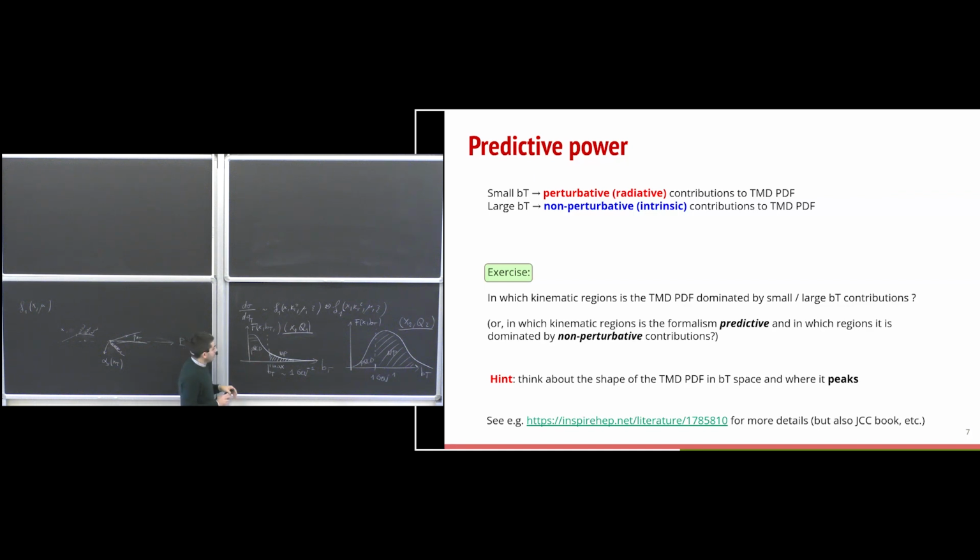We're going to see that later. But basically, this boils down to understanding where the peak of this distribution is. If the peak of the distribution is in the low BT region, it means that the integral will be dominated by PQCD. If the peak is in the large BT region, it will be dominated by non-perturbative corrections.